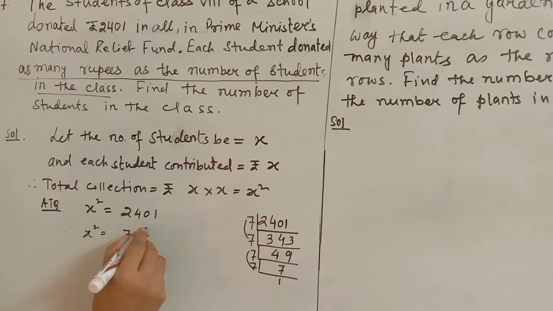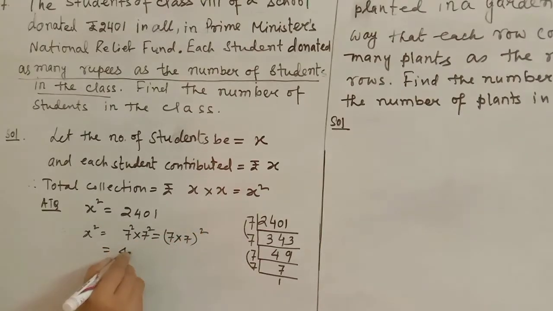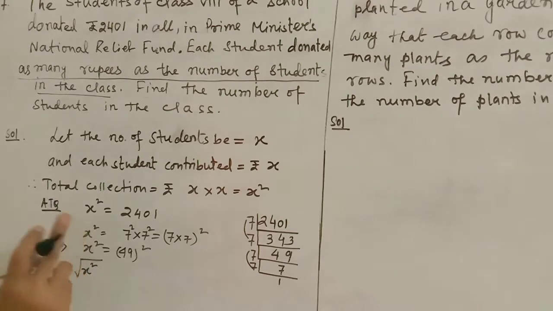So 7 into 7, 7 square into 7 square, or you can write 7 into 7 whole square, which is equal to 49 square. You can write x square is equal to 49 square. Therefore, if you want to find the number of students, you need the value of x. You can find it by taking the root of this value, and at the same time you have to find the root of this portion also.